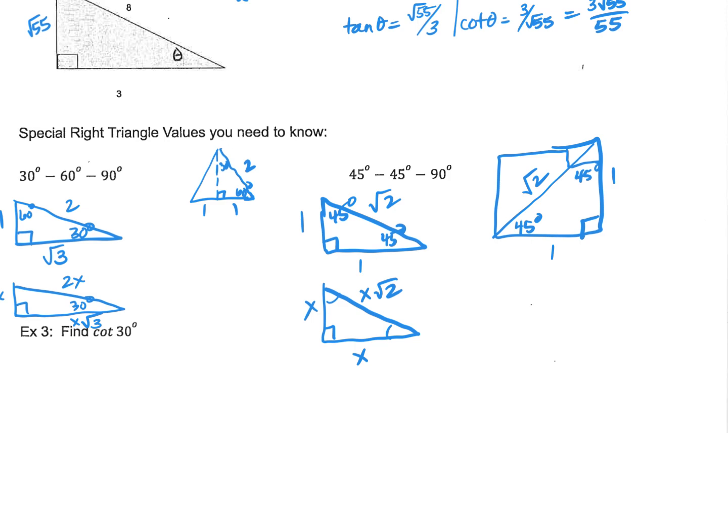Now, why am I talking about 30, 60, 90, and 45, 45, 90? Because we're going to be looking at the unit circle next time. And for unit circles, the 30, 45, 60, and 90 angles are the ones you need to know. Okay? Now, I'm going to tell you right now, you're going to have to memorize the unit circle or figure out how. Some of you probably already have it memorized. I'm not letting you use the unit circle on your test.